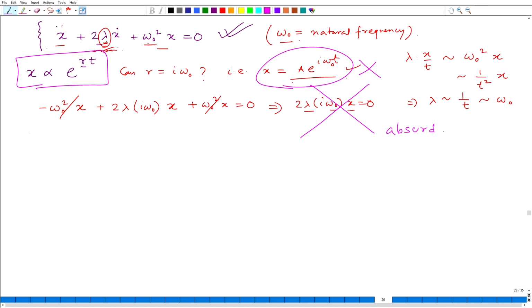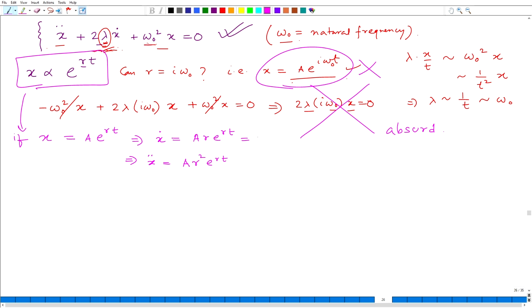I can write more precisely that my x will be some a e to the r t, and then x dot is equal to a r e to the r t, and x double dot is equal to r square e to the r t.